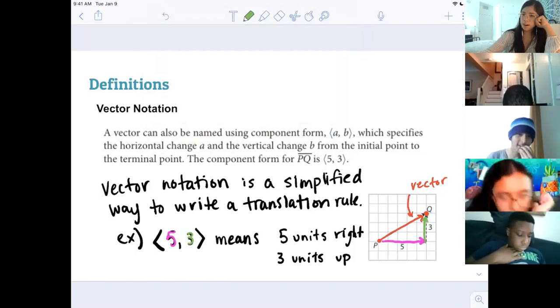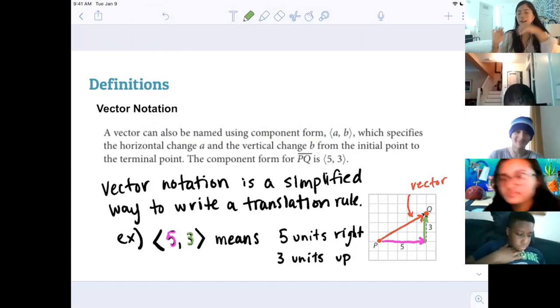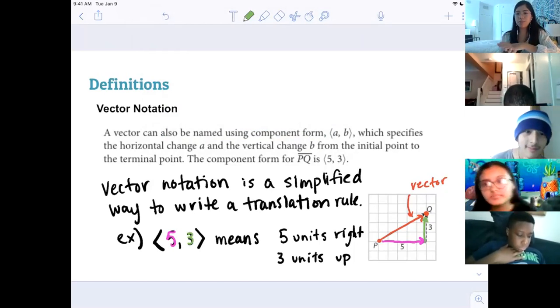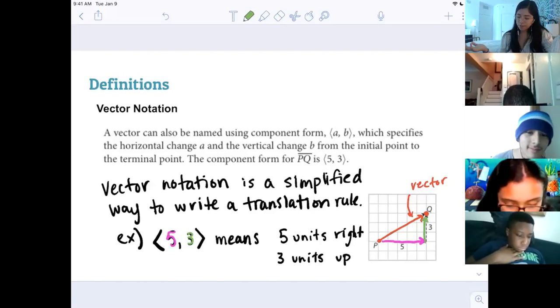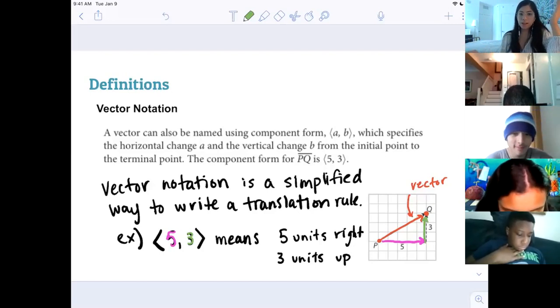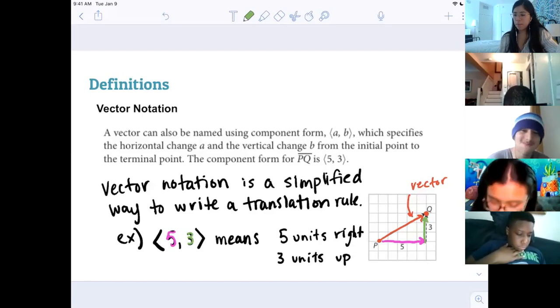When you have a line on a graph and you're seeing how far to the right, like if you're looking at the... Is it like rise over run, something like that? Yeah, exactly. It's very similar to rise over run. It's kind of like slope. So vector notation is just kind of like a way to do the same thing, but this time we're talking about it kind of like with slope. So does anybody have any questions so far?